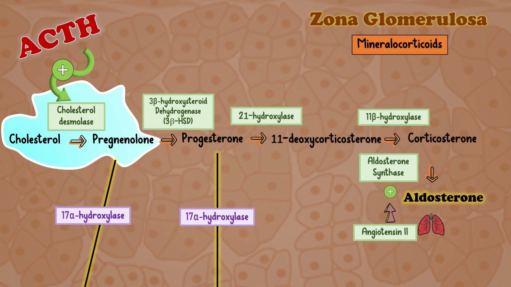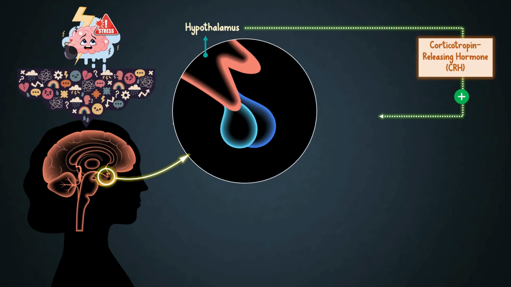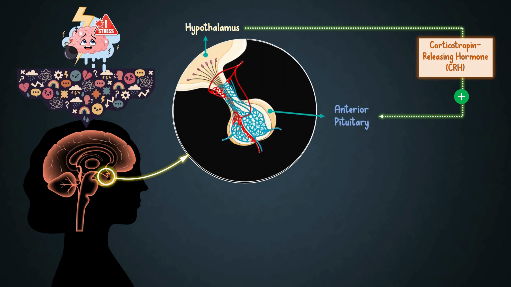Well, in long-term stress, our hypothalamus releases corticotropin-releasing hormone. Now, you know that the hypothalamus is linked to the anterior pituitary gland by the hypophyseal portal system.